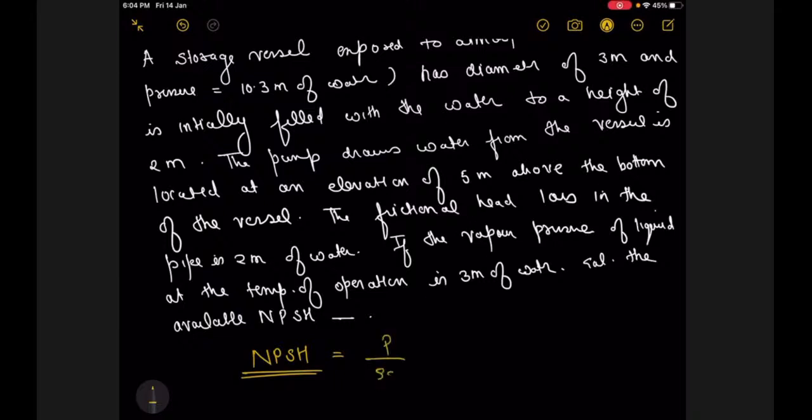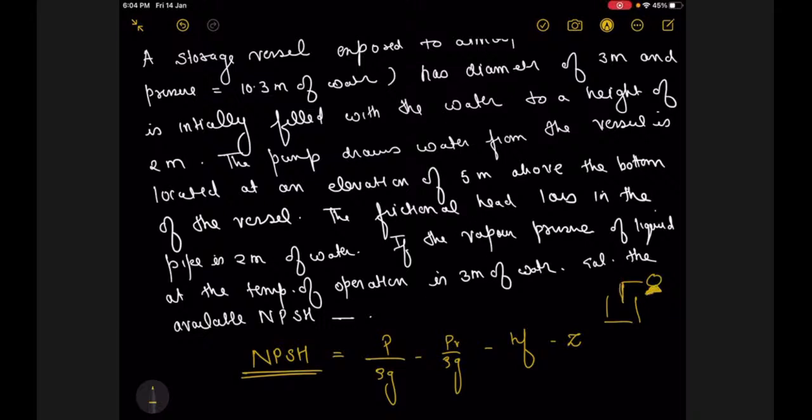So it is P by rho g minus the vapor pressure of the system, that is Pv by rho g, minus frictional losses and minus Z. Okay, this Z is minus. Why? Because most of the time the pump is kept above the tank. So that is why minus.